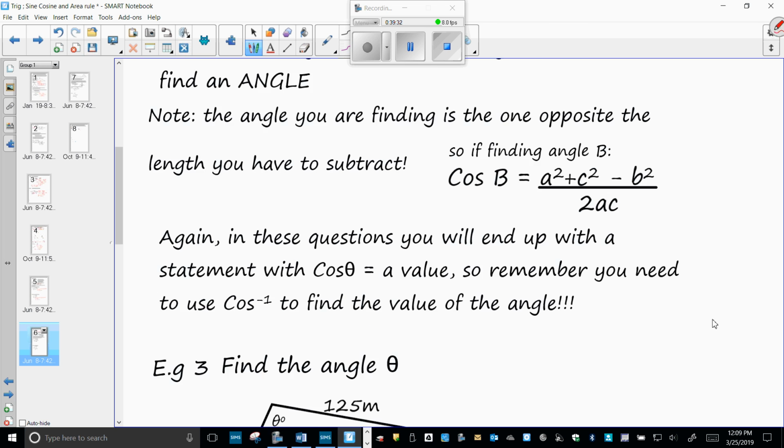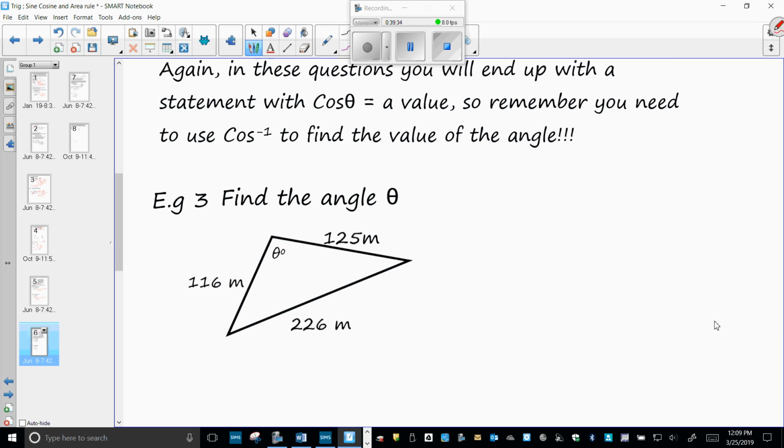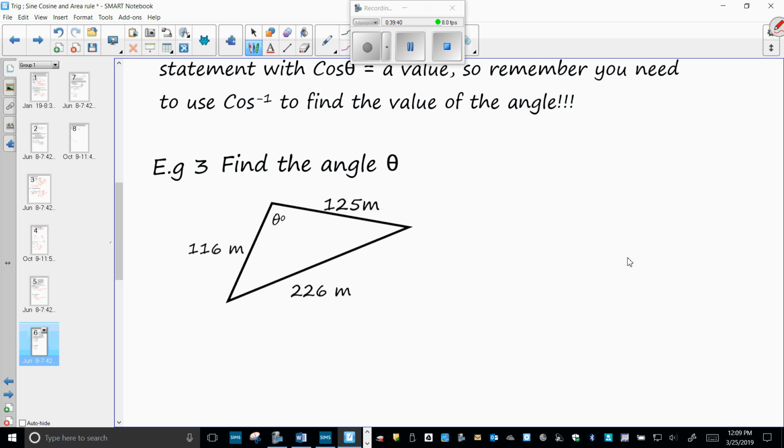As with the sine rule for trying to find angles, you're going to have to inverse cos this time. So I've got 3 side lengths we've been given. If I'm trying to find this angle, which side length am I going to be subtracting? Good. Okay, this is a legit one.